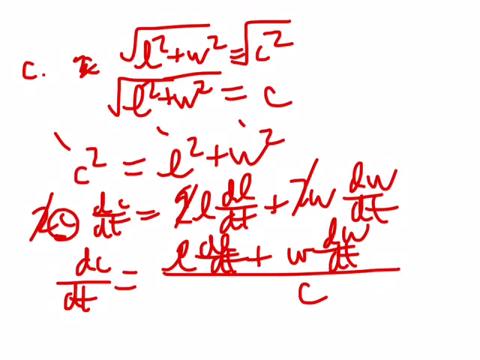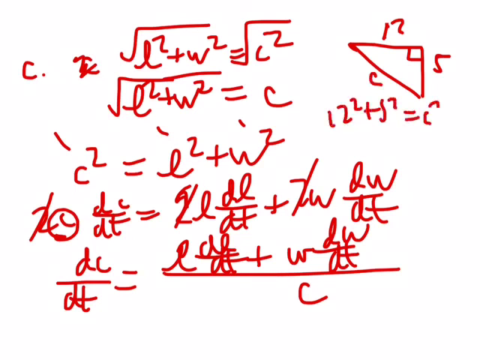And to get C, I just go back to my diagram, and L was 12, this was 5. So to get C, I do Pythagorean theorem. I get radical 169, which is 13. It's also 5, 12, 13, Pythagorean triple.